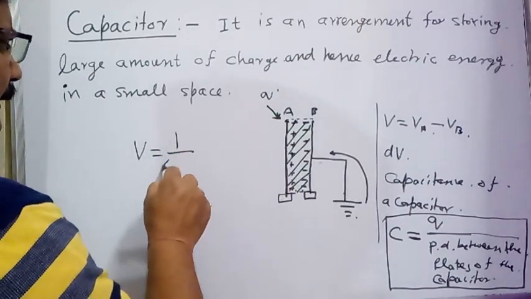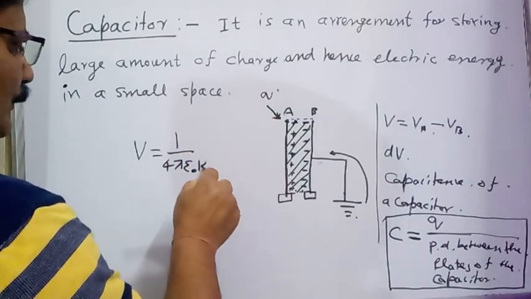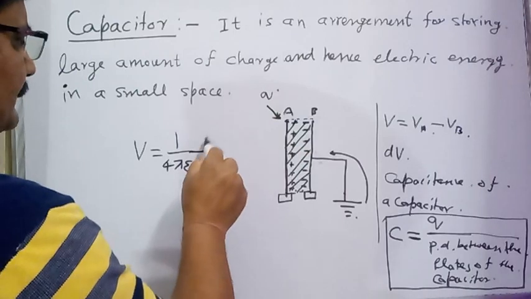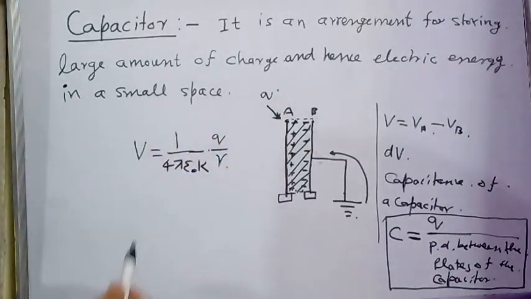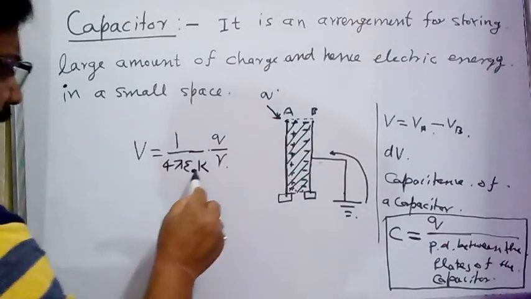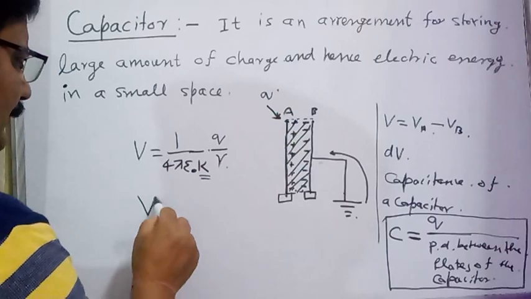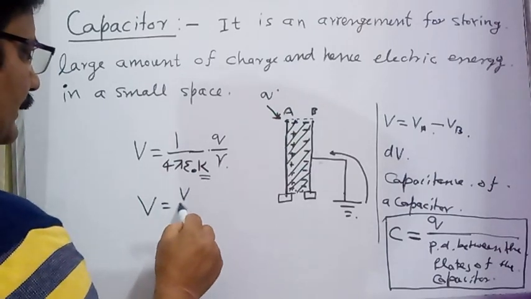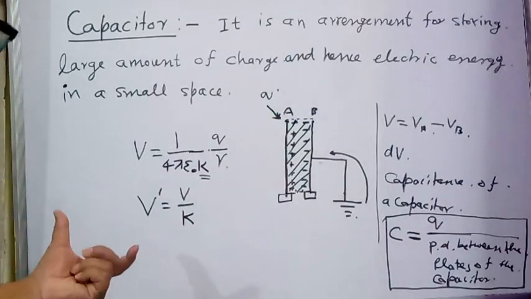That can be given as 1 by 4 pi epsilon naught into K multiplied by Q by R. Here you can see the introduction of the dielectric medium is decreasing the original potential by K times. What does it mean?